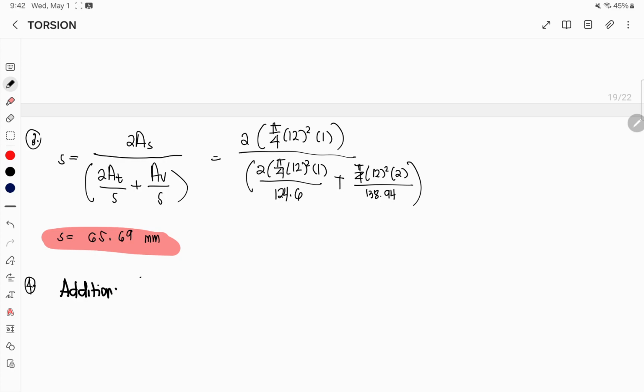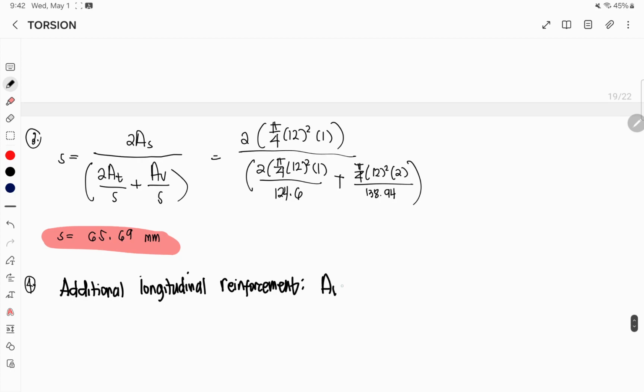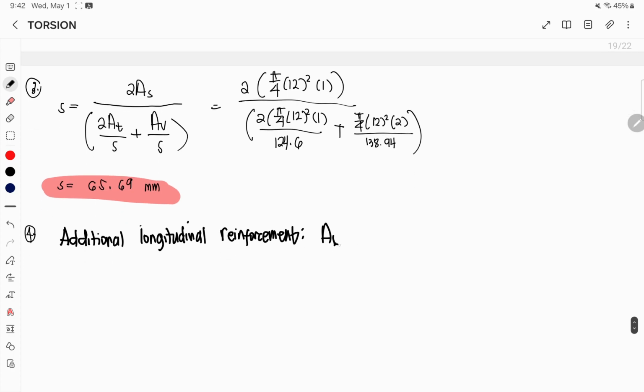So we have AL is equivalent to P sub H 80 over S FYT over FY and cotangent squared theta.